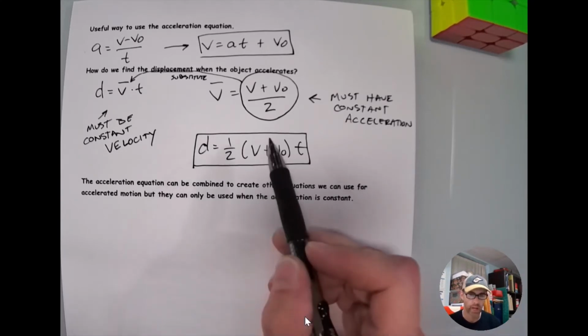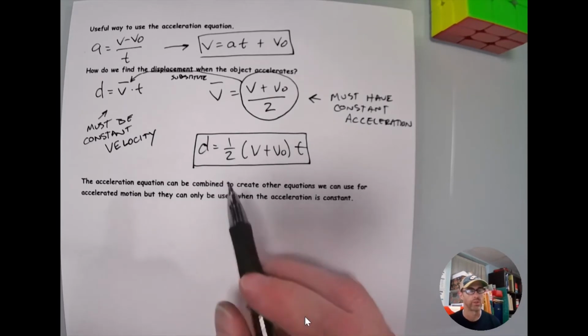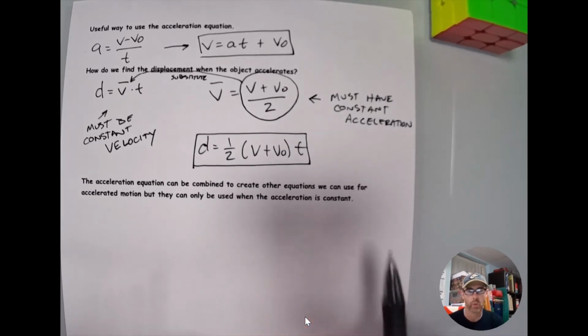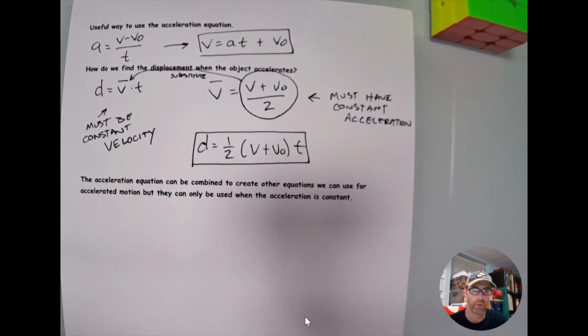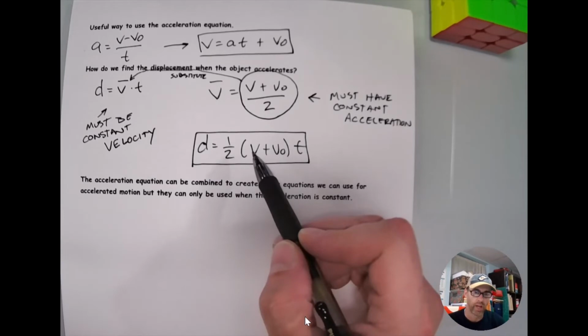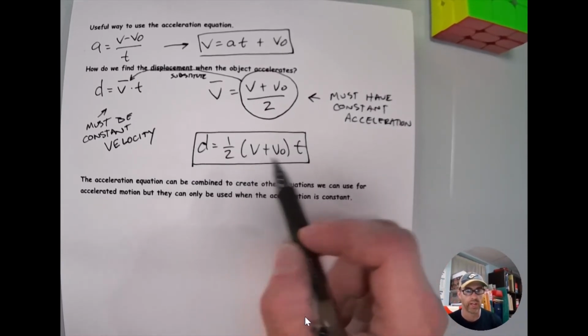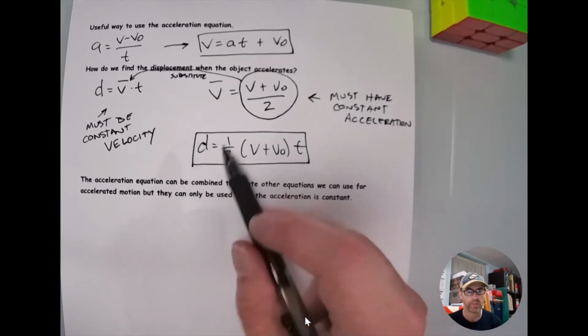If I have the two velocities and the time, I can calculate the displacement in one step by just simply plugging into this equation. Or I could use this equation to find, for example, the final velocity, or maybe how long did it take for this acceleration to occur by solving for t, or solving for the final velocity. So I can use this equation to find the displacement, but I could also use this to find any of the other properties that I see that are inside this equation.